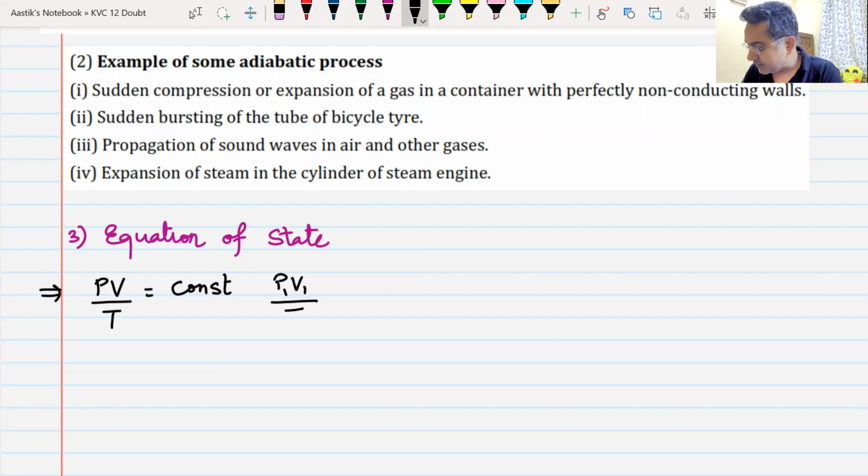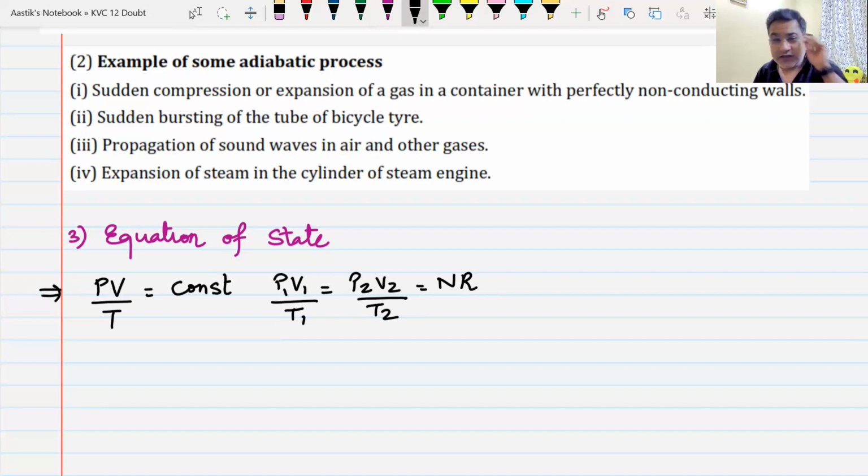P1 V1 by T1 will be equal to P2 V2 by T2, and that will be equal to nR, where n is the number of moles. The number of moles is still going to remain constant because gas is not going to escape unless we make a question where it does.